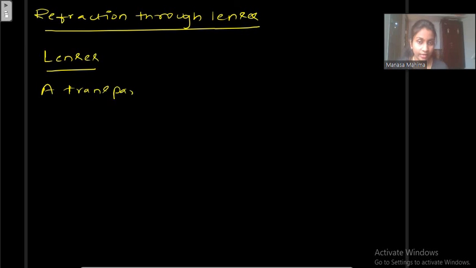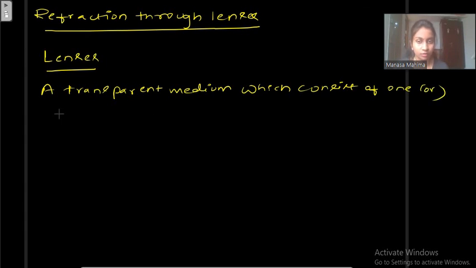A transparent medium which consists of one or two spherical surfaces, that kind of medium is called a lens.